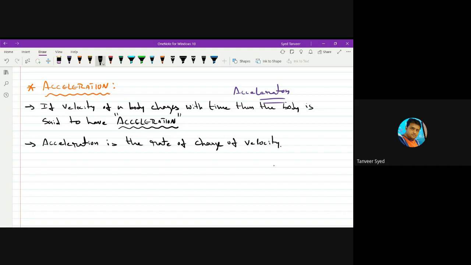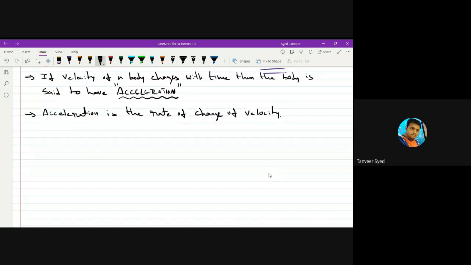Rate here means not in terms of money, but with respect to time. Rate means with respect to time. So mathematically, we can write acceleration as change in velocity by time, the time during which that velocity is changing.